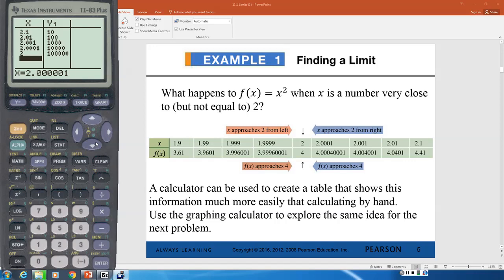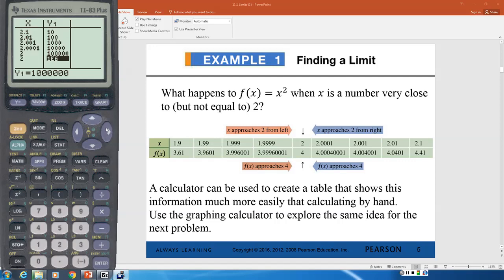Let's try it and see. 1,000,000. Every time I put another 0 between that decimal and that 1, it adds another 0 to the result.